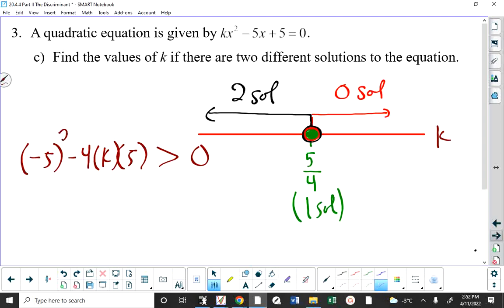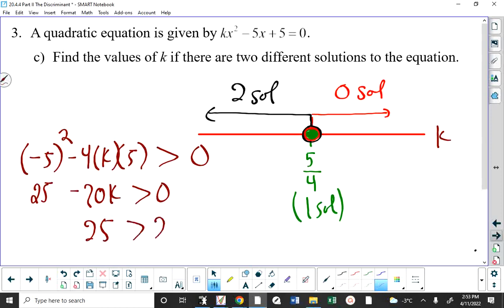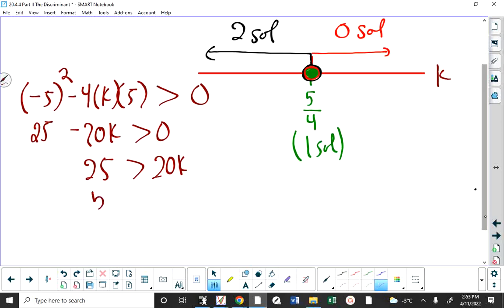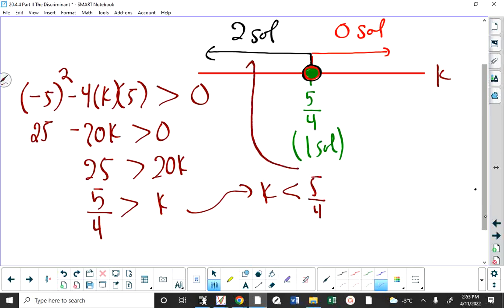Which means, I forgot to square my negative 5, 25 minus 20k must be greater than 0, which means 25 has to be greater than 20k. If we divide both sides by 20, that means 5 quarters must be greater than k, which means k must be less than 5 quarters. Okey smoky, look at that. That's what we used logic to figure out in terms of an answer.